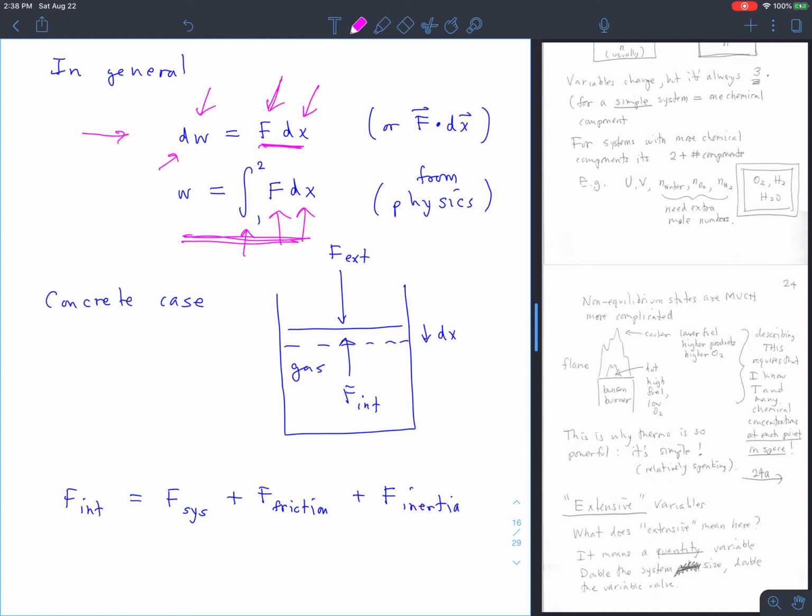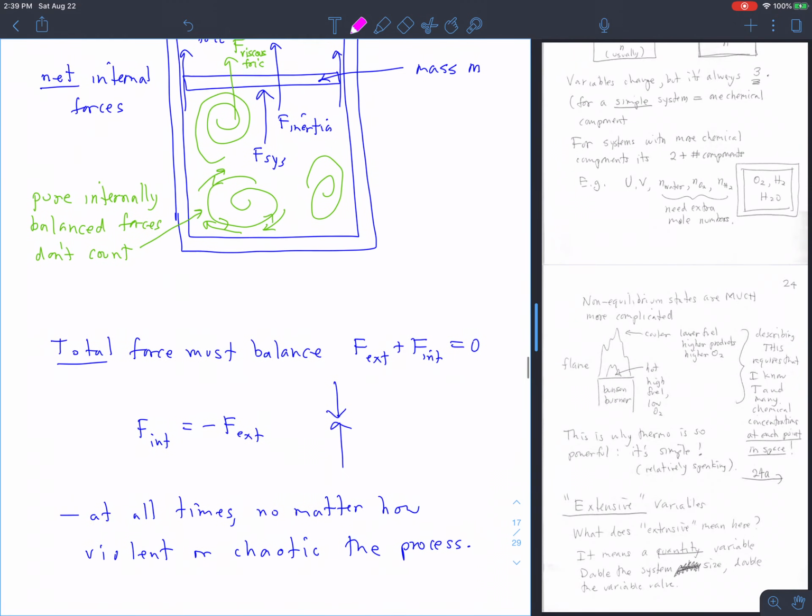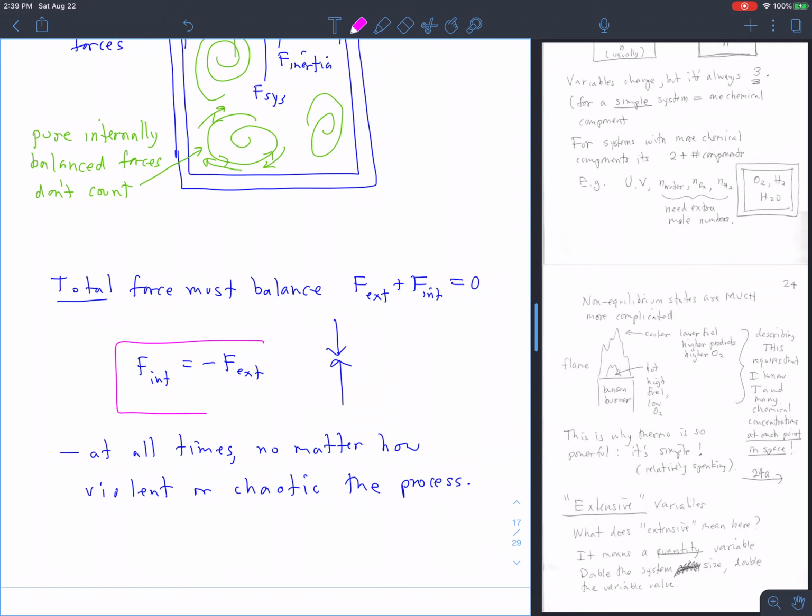If I have a system like this, a cylinder with a piston in it, and there's gas inside the cylinder, and I have a force that's external, so that EXT means this is the force from outside, then there must be a compensating force on the inside that we'll call F internal, F int. And those two forces have to be balanced at all points.